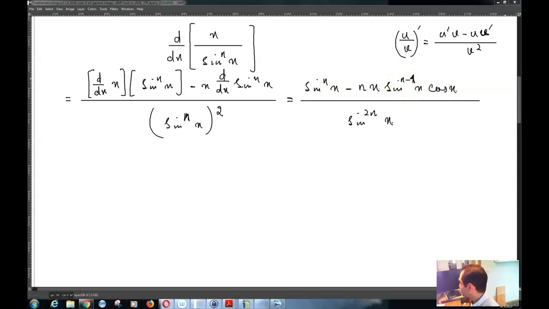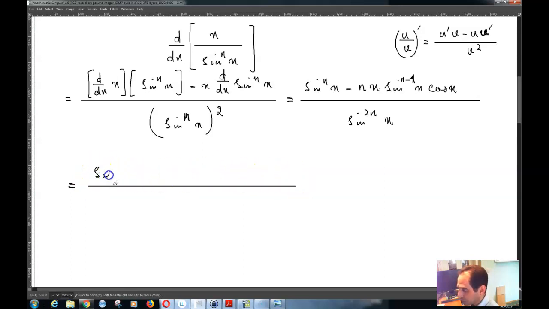Let me see how they have done it. If I take sine raised to the power n minus 1 out, let's see what happens.